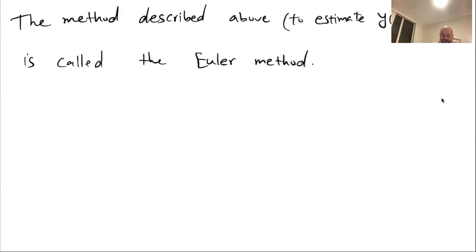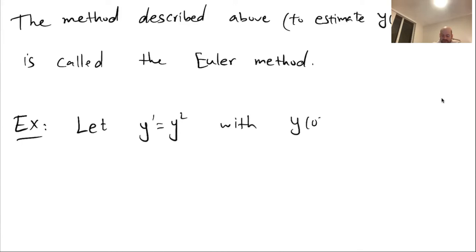So now let's look at an example. Let y prime equal y squared with y of 0 equals 1.